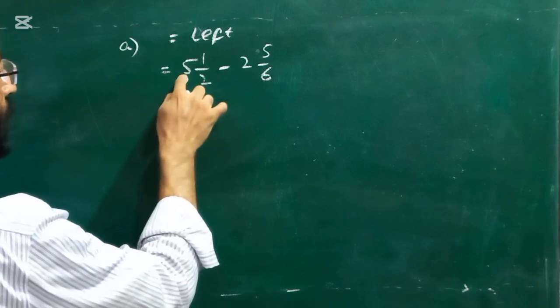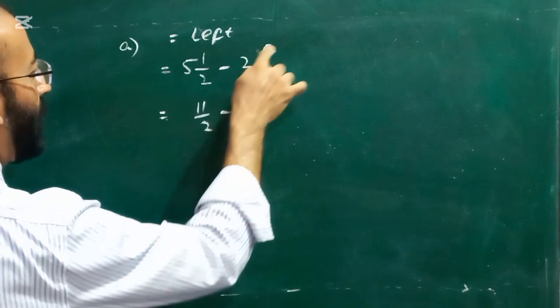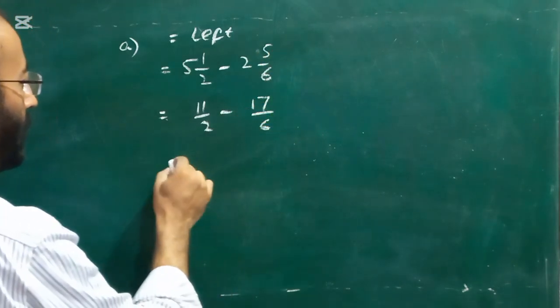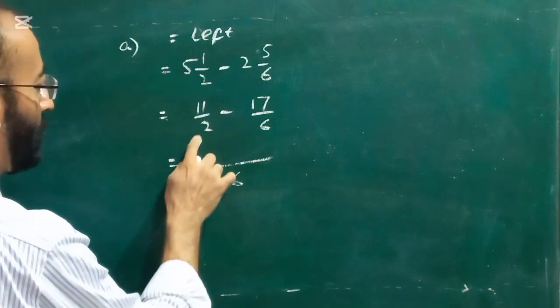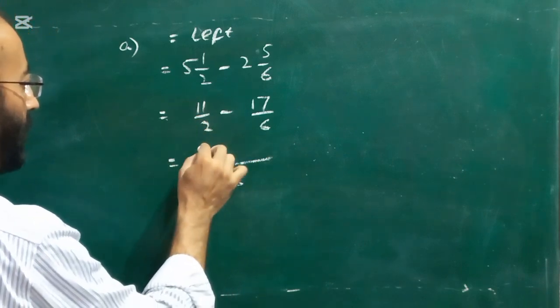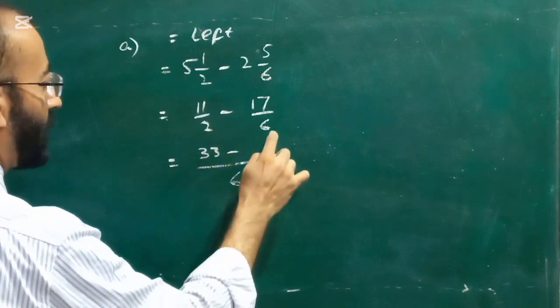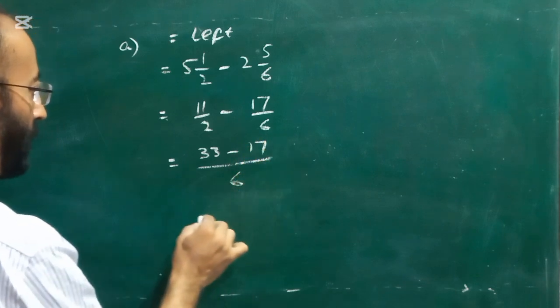So 2 5s are 10 plus 1 is 11 by 2, minus 6 2s are 12 plus 5 is 17 over 6. Now take the LCM of the denominators. LCM will be 6. 2 3s are 6. 3 11s are 33. This minus sign will remain as it is. 6 1s are 6. 1 17 is 17.